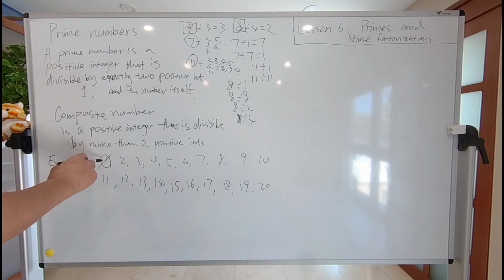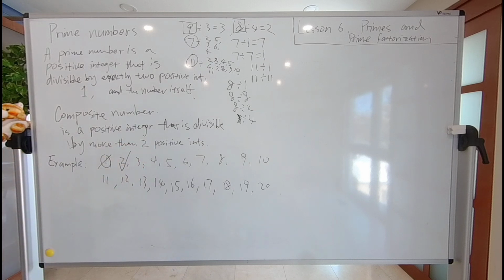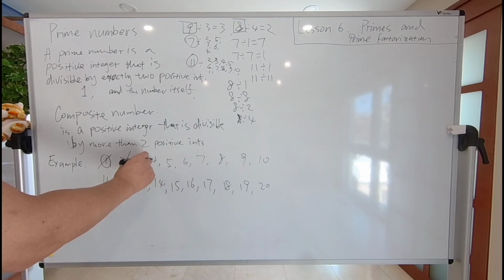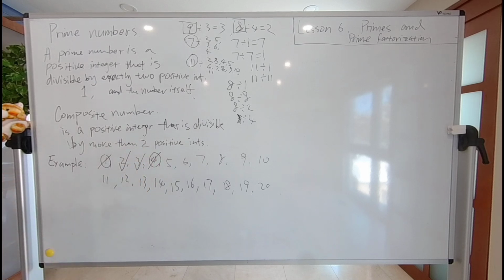Based on the definition, the number 1 is not a prime number. Then how about 2? Number 2 is a prime number because it cannot be decomposed further with other factors. It can only be divided by 1 and by itself, which is 2. So 3 is also prime, and 4 is not, because besides 1 and itself, number 4 is also divisible by 2.